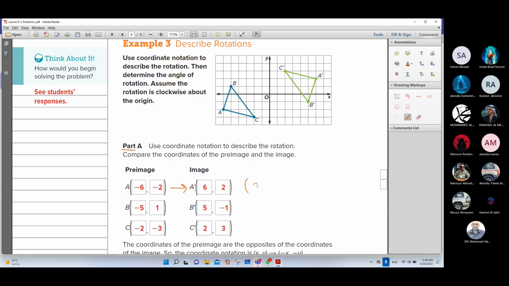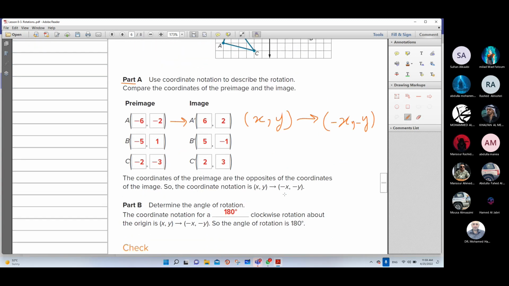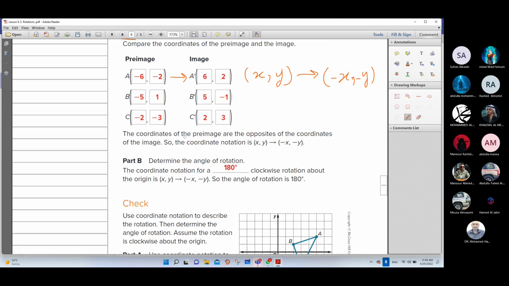So it means you use this rule: when you have (x, y), you get (negative x, negative y). So it would be 180 because in the rule you choose the opposite. So this rule means you use the angle 180 about the center (0, 0), the origin, clockwise. So the coordinates of the image are the opposite of the coordinates of the pre-image.